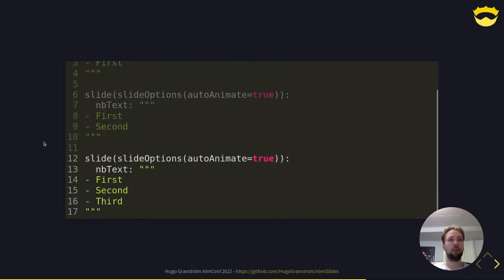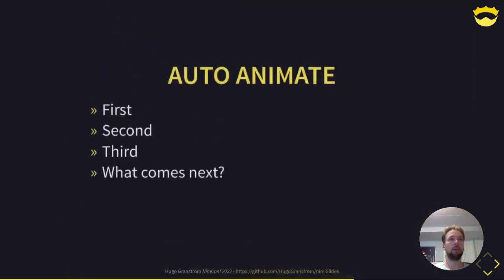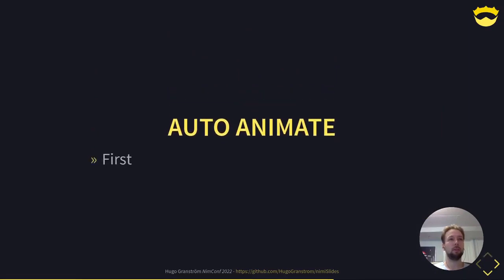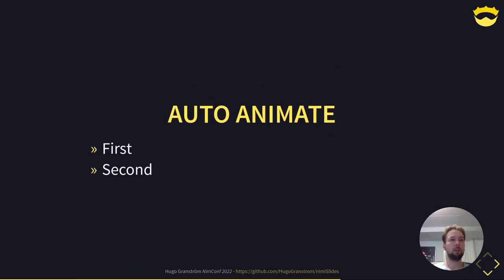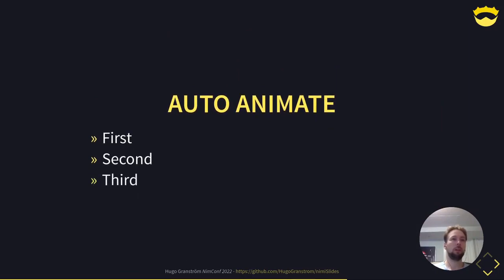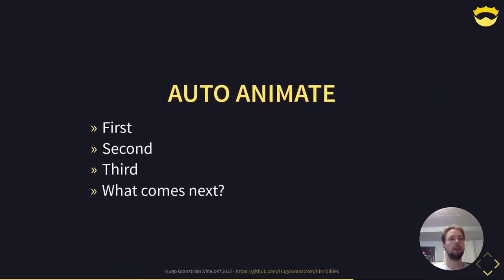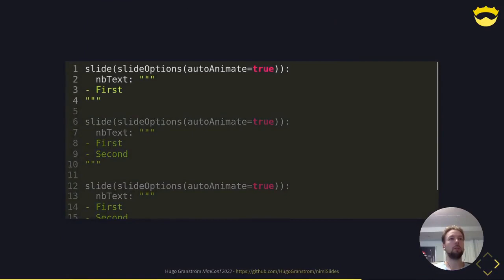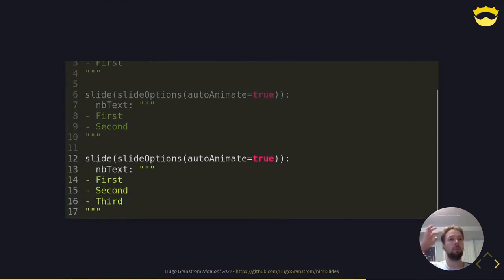And then we can do the same here, and we add the third list item. And the way it would look is like on this slide basically. We have a first item, then we insert the second one, and the third one, and then I have added a fourth one as well. And the header is also included here. And you can change the order of things as well.